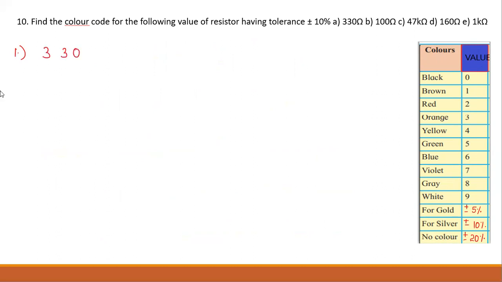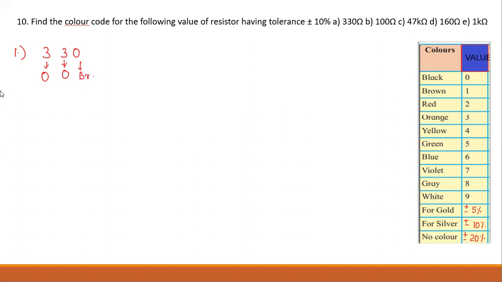Okay, we know the first two colors represent the value, third one as power of 10. 3 is orange. So this first one is orange, second one also orange, third one 0. 0 means into 10. 10 raised to 1 should come. 1 is for brown. So this is for brown.